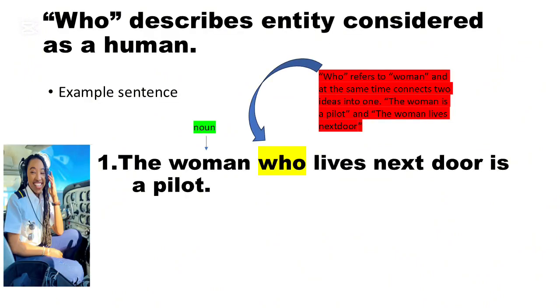Use who to describe an entity that is considered as human. Example sentence: the woman who lives next door is a pilot. Woman is a human entity, and so the correct relative pronoun to qualify it is who.